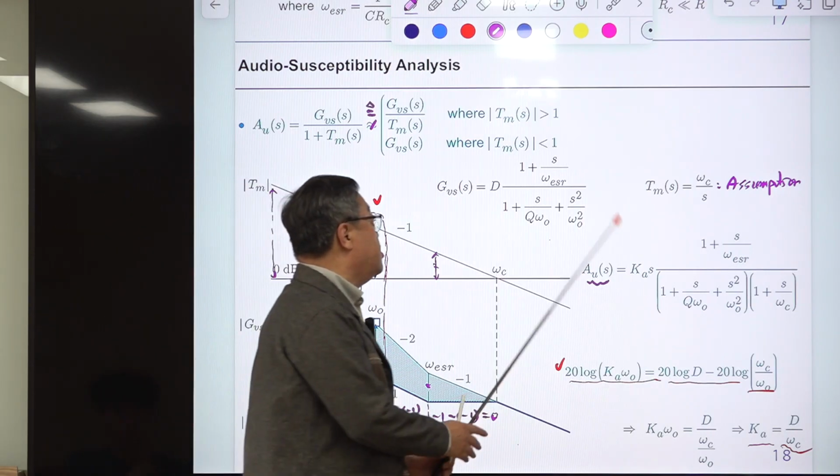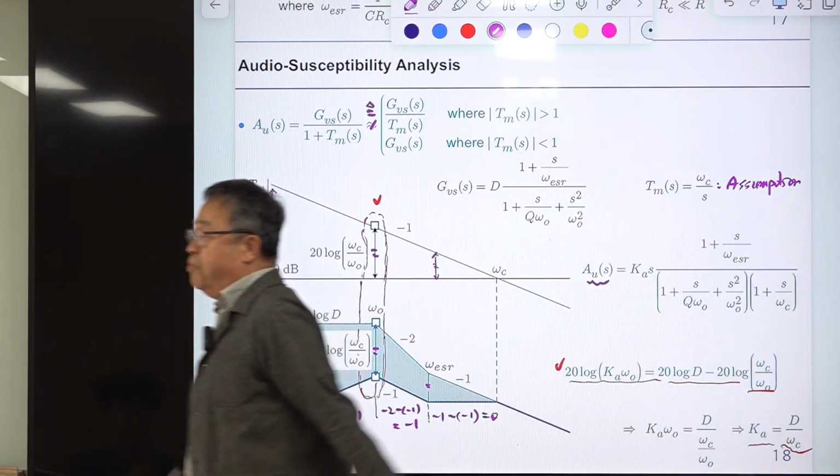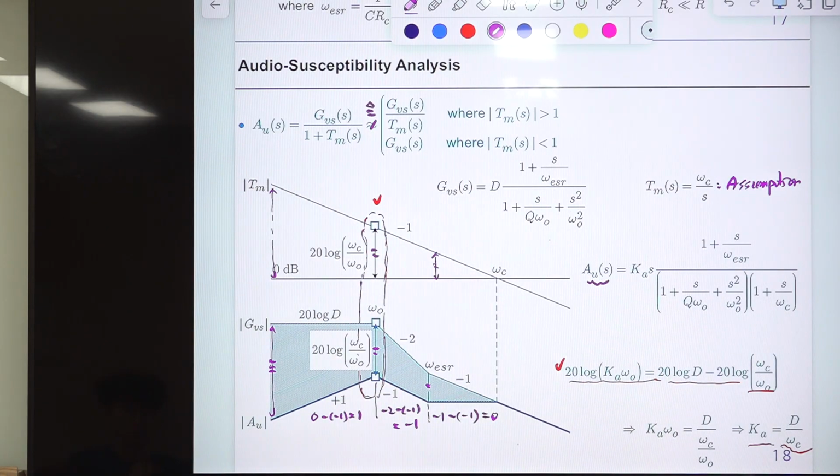Another one is this is the gain, integrator gain, and the effect of the larger integrator gain is extremely easy to see. So somehow you increase this much. This is the omega C prime.